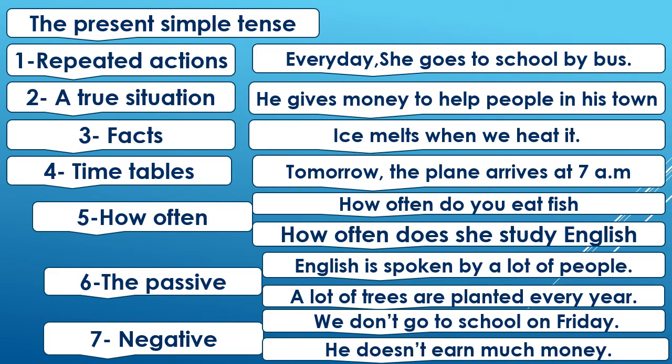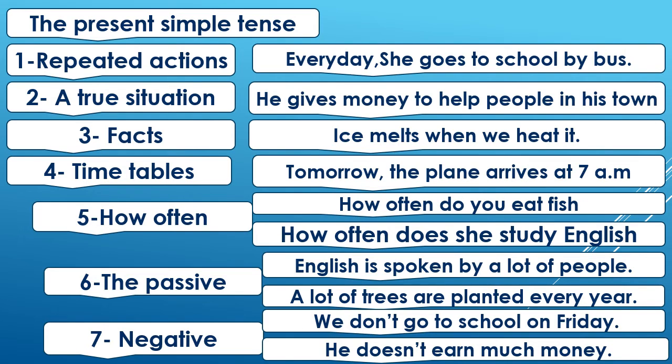This is the present simple tense. Number one, repeated actions. Number two, a true situation, a true action sometimes. Number three, facts. Number four, timetables جدول المواعيد الثابتة طبعا, like the school year starts in September.